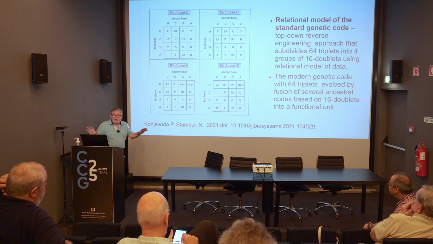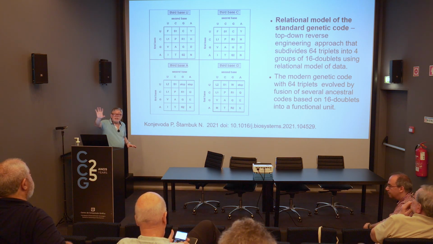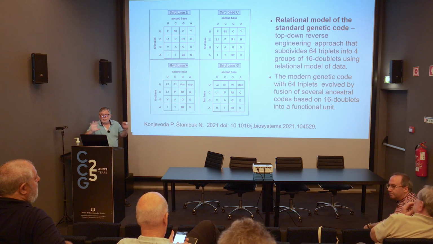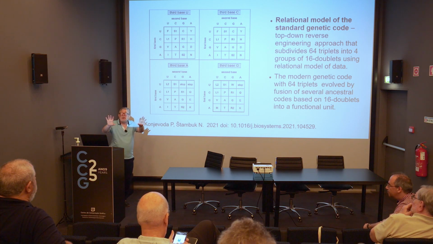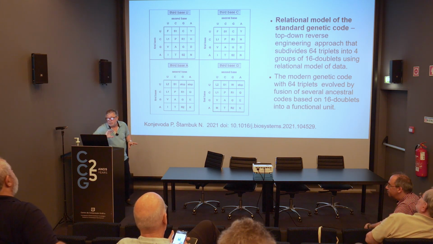In the relational model, you have four tables because the third base can be UCGA. So first decode the classic table, that's the algorithm. Then make for each third letter its own table.